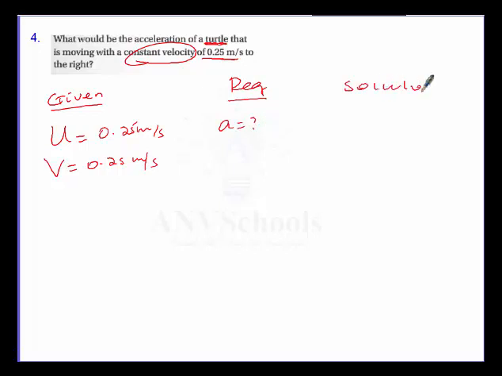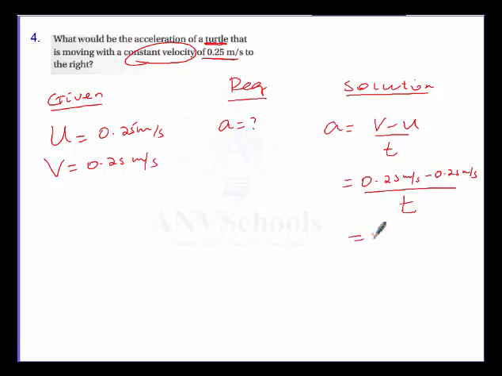Solution. We know that acceleration is defined as the change in velocity, that's v minus u divided by t, which is equal to 0.25 meters per second minus 0.25 meters per second divided by t, whatever the time t. So 0.25 minus 0.25 is 0, and 0 divided by t is 0.